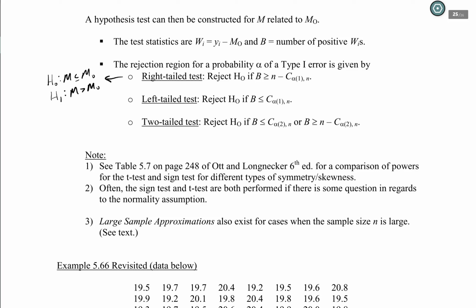That's our right tail test. We would reject the null hypothesis and accept the alternative if B exceeded N minus C. Now again, this C value is from table 4, and we'll look at that in an example.